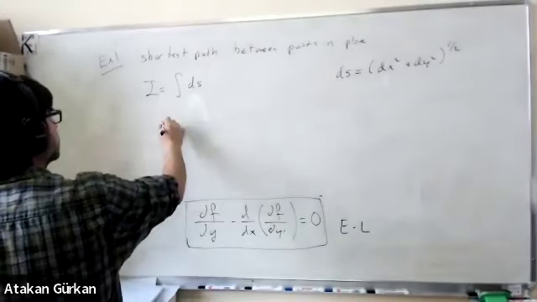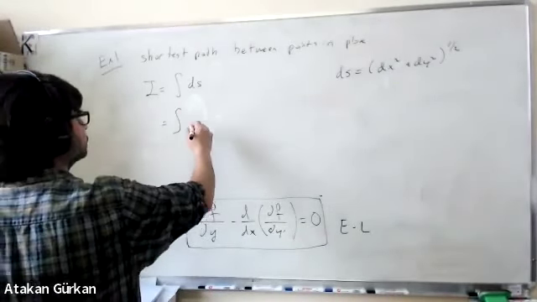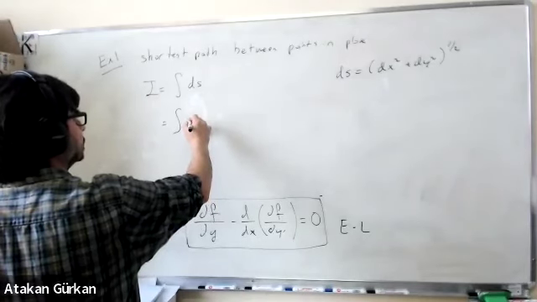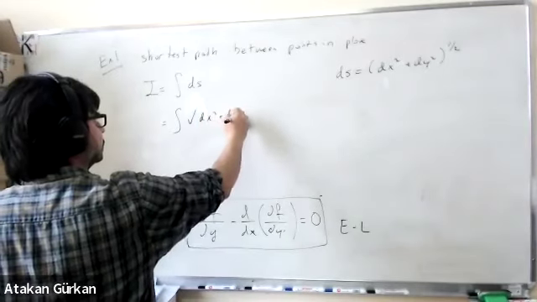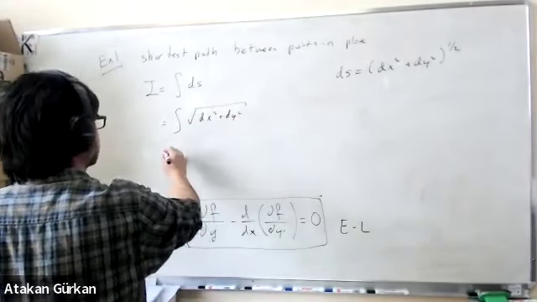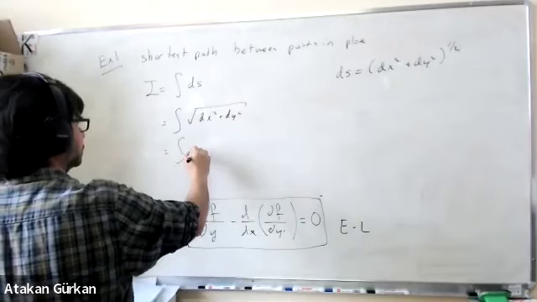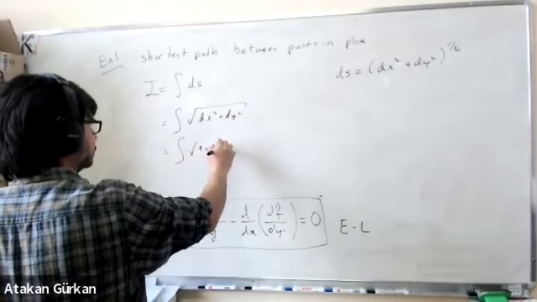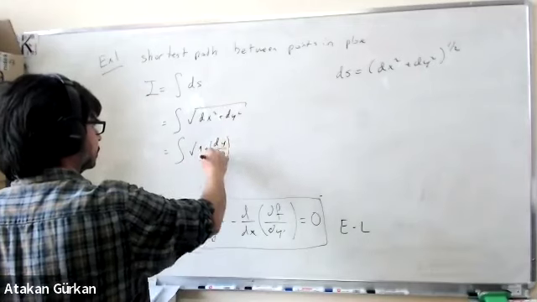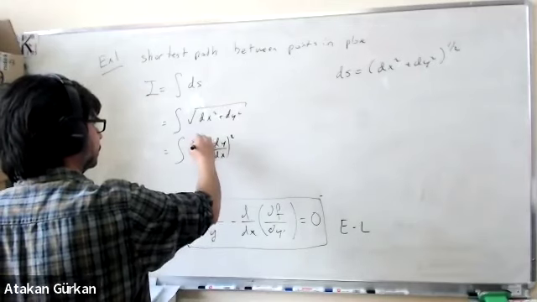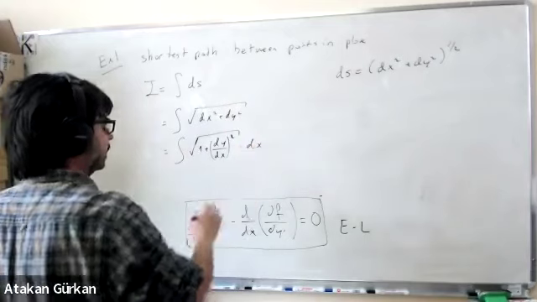Okay, so we're going to look at this, and this is going to be the square root of dx squared plus dy squared. Or I can manipulate this: the square root of 1 plus (dy by dx) squared, dx.